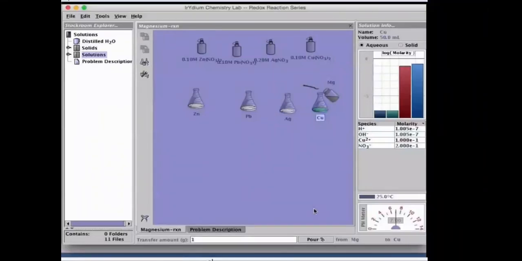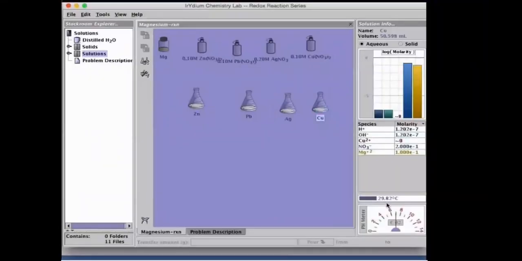See on the right hand side. Now you see the concentration of copper 2 plus in the aqueous phase is 0.